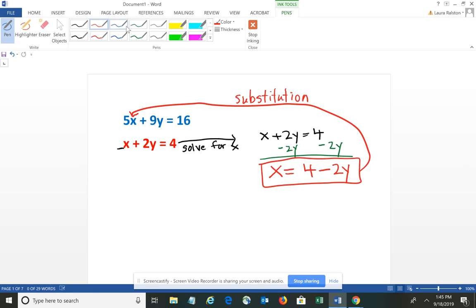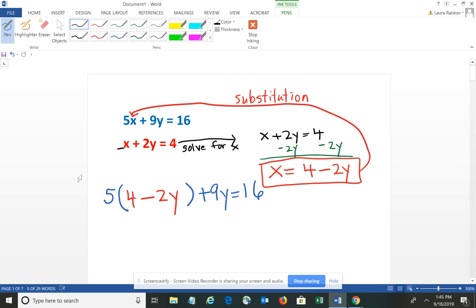So I would have 5 times, and I'm going to remove the x, and in its place put 4 minus 2y. And then I still have plus 9y equals 16. From there, I have a good old basic equation, and I need to do the algebra.